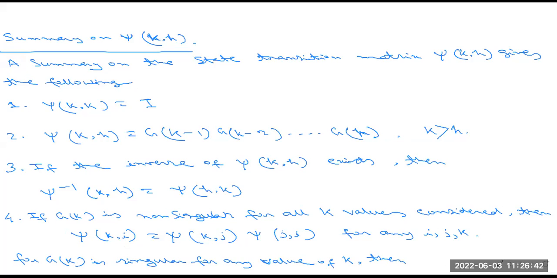then, as I have written on the next page, psi of k comma i is equal to psi of k, j into psi of j, i, for when k is greater than j and j is greater than i.